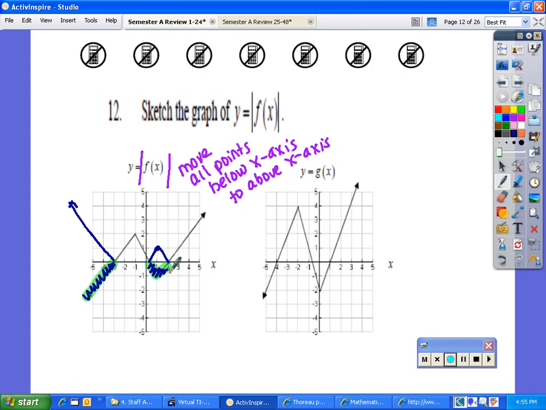If I want to highlight the new graph, this is our new graph. That orange peachy looking graph is the graph of y equals the absolute value of f of x.